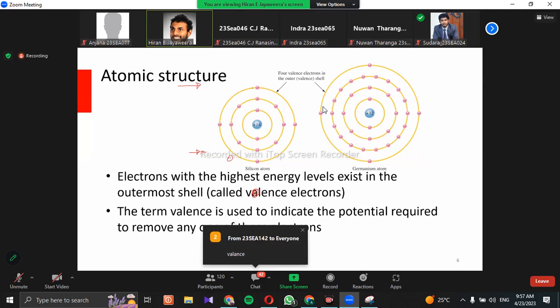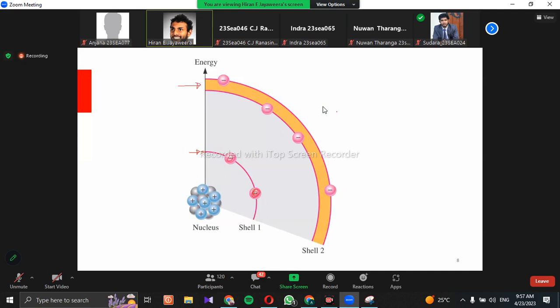When you have an isolated atom, we have very sharply defined energy levels, so the energy of these valence electrons is the same. However, here the outermost shell is affected by the presence of neighboring atoms, so it can have either this energy or this energy. The innermost shell can have only this energy, precisely defined. But the outermost shell can have this energy or this energy. It's split into two. This is a case where energy levels are split into two.